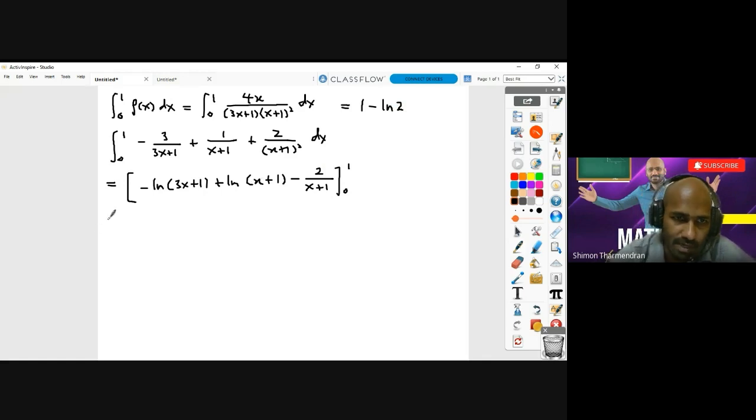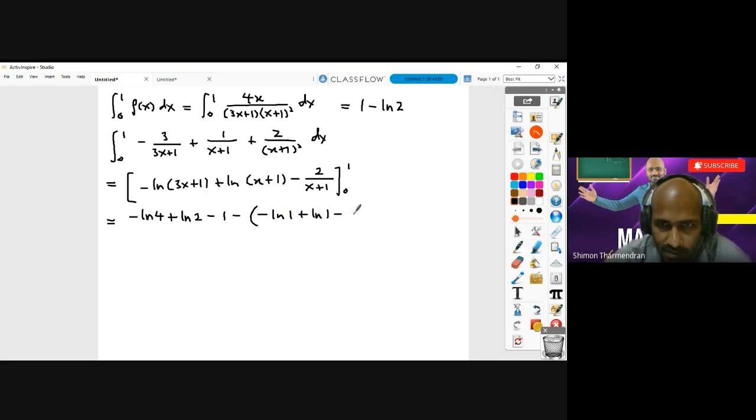So masuk the upper limit. We put 1 in there, we get minus ln 4 plus ln 1 plus 1 is 2, minus 2 over 2 is 1. Minus with masuk 0. So we get minus ln 1 plus ln 1 minus 2 over 0 plus 1 is minus 2.